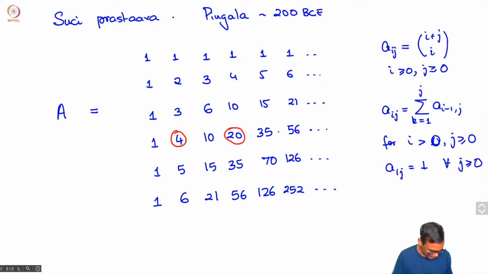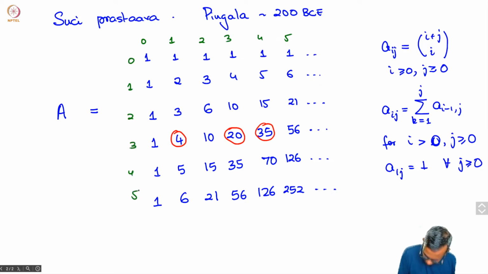The rows and columns here are numbered 0, 1, 2, 3, 4, 5, with i for rows and j for columns.